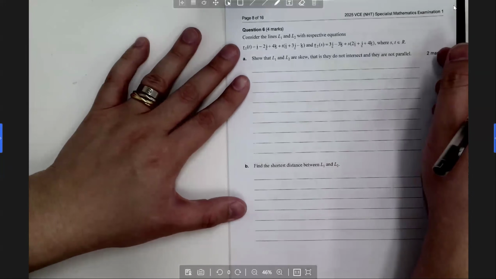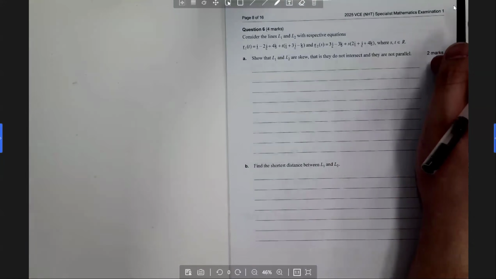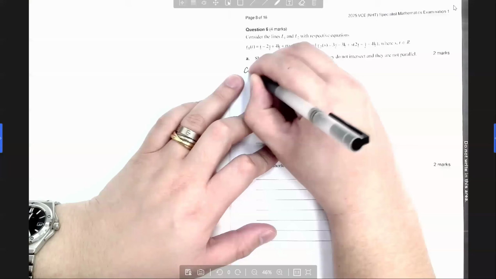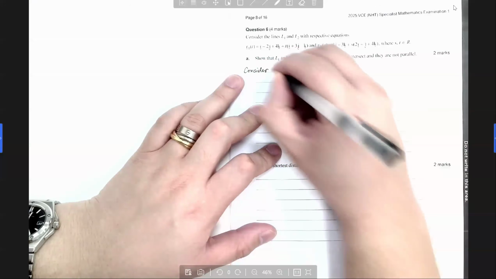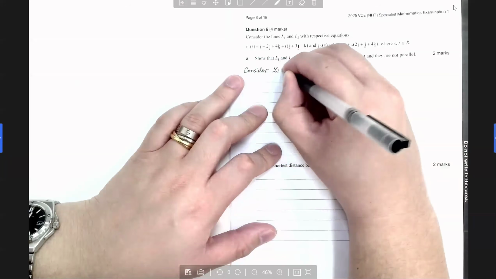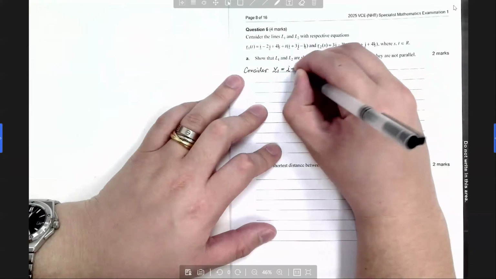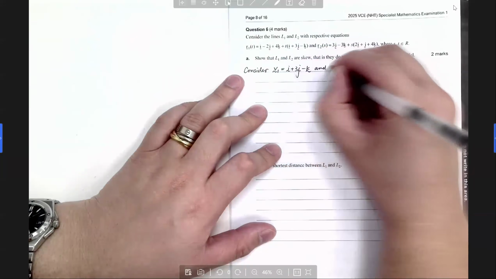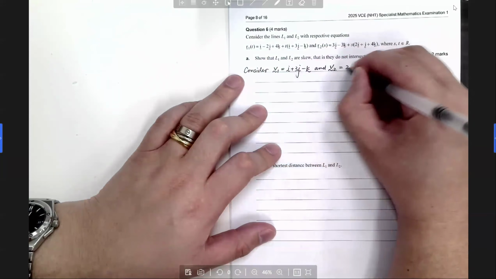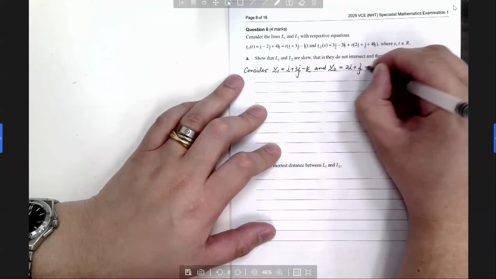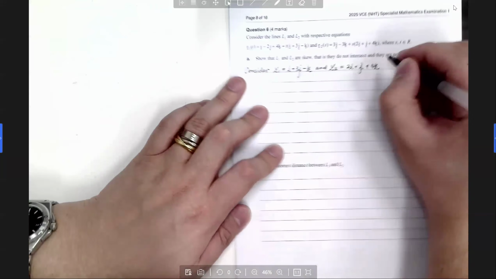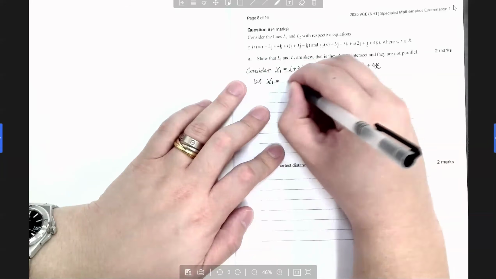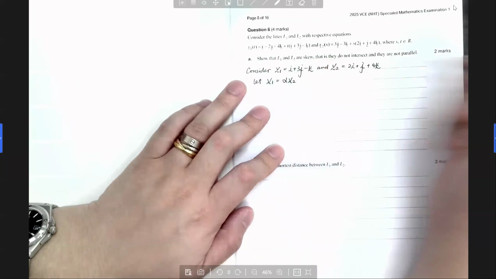Okay, so what I'm going to do is I'll try to, for example, argue from the direction vectors. Consider the direction vectors v1 equals i plus 3j minus k, and v2 equals 2i plus j plus 4k. Now, let v1 equal alpha v2, something along this line.